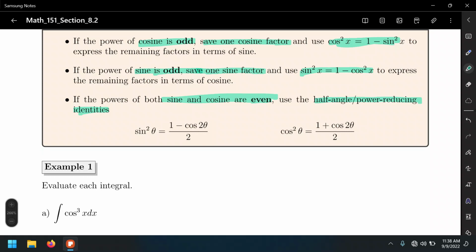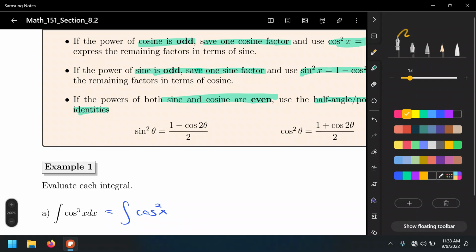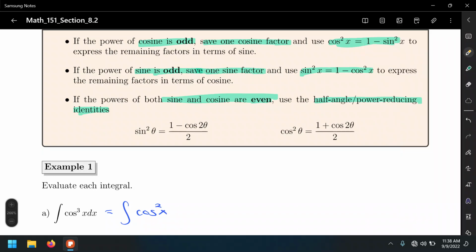Number one, what do we mean by saving one power of cosine? Well, I will rewrite this integral as the integral of cosine squared, and that saved power, I'm going to write in a different color so you can see what we mean.